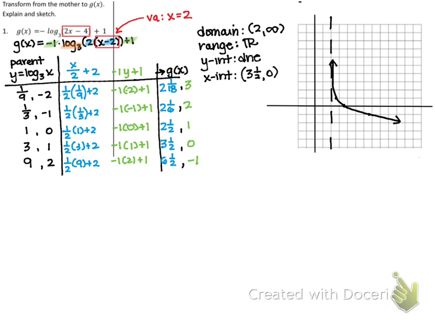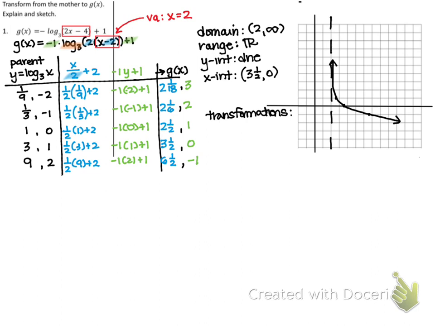Okay, now we just need to list out our transformations. And we're just going to do it the same way that we did with the exponentials. I'm just going to go ahead and take a look at the pieces of what's happening to this thing. Okay, so let's take a look at our x's first. Looks like with our x's, we divided it by 2 first. So we took the distance between the x values and we shrunk it. So if the distance was like 10, if we divided it by 2, it's now 5.